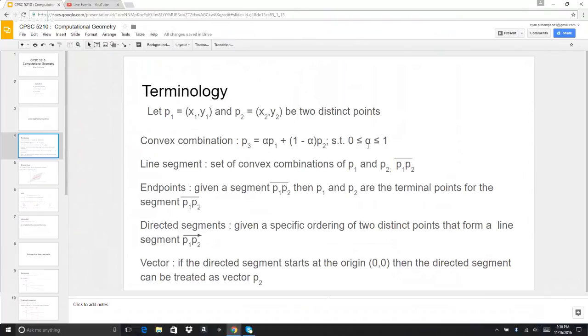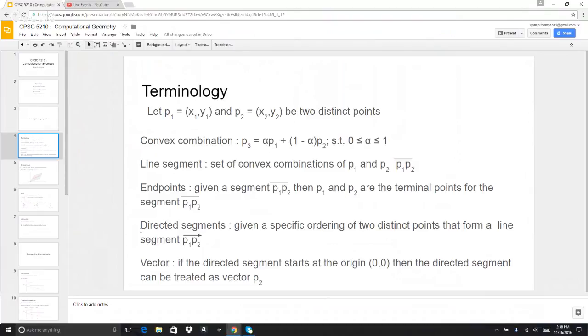So P3 is some alpha combination. You could have a beta at a different level between 0 and 1, which would give you a P4 that is somewhere between P1 and P2. But it's also on this line, so it's collinear, the combination creating a line, collinear between points P1 and P2.